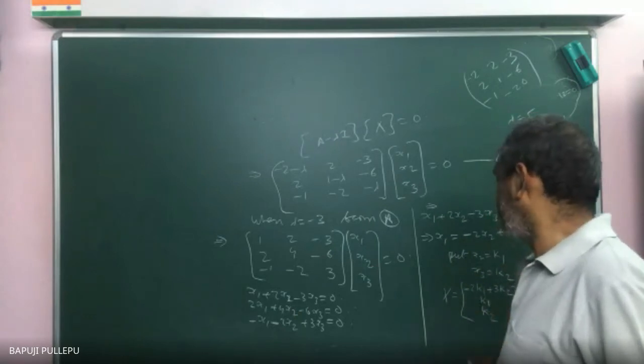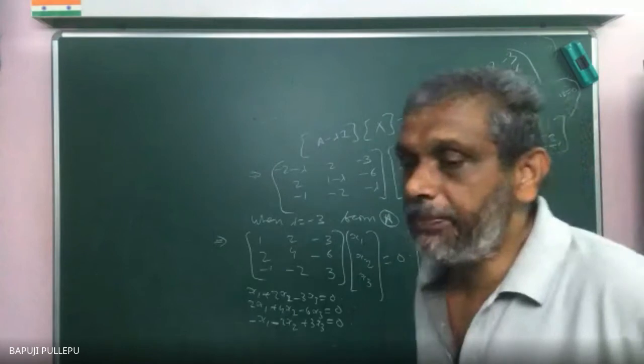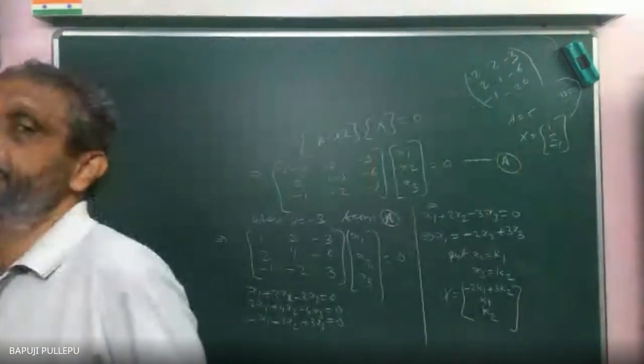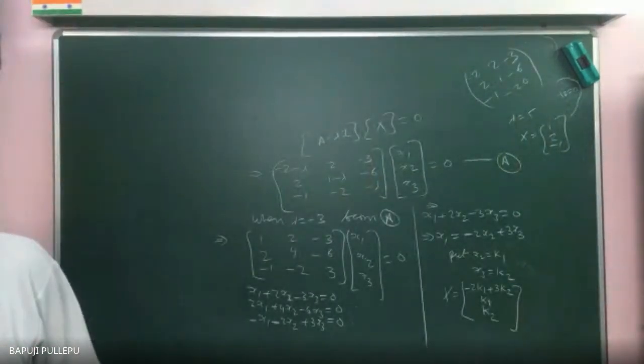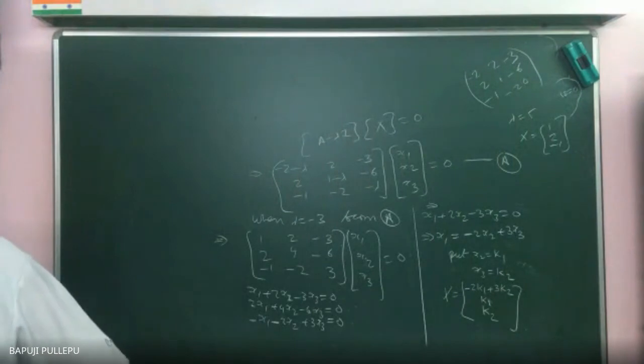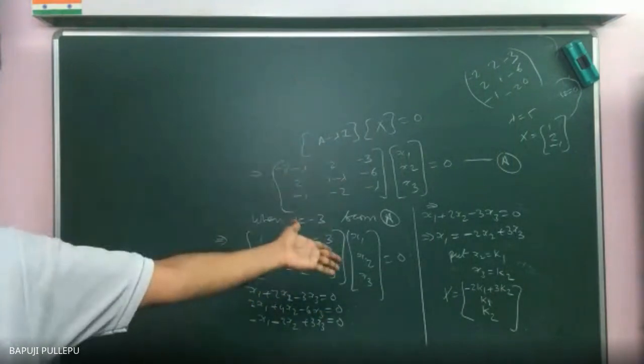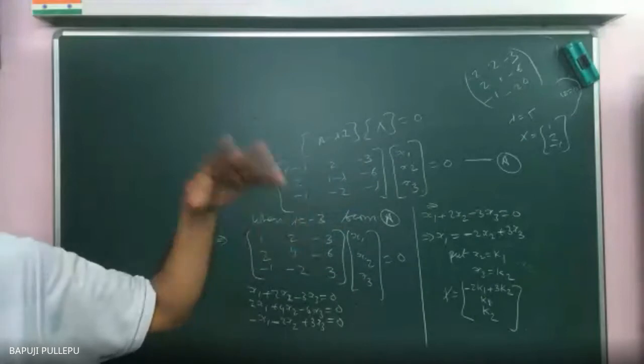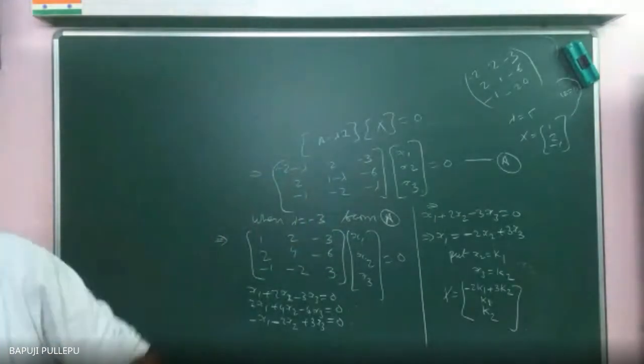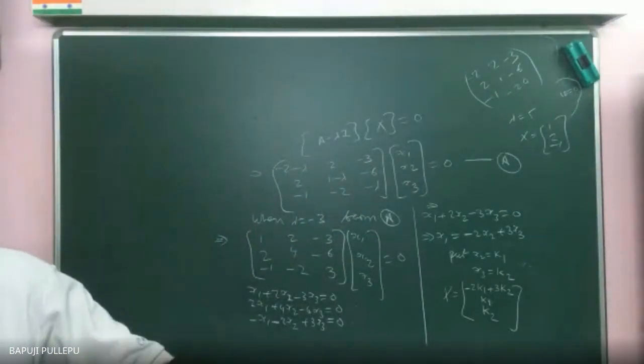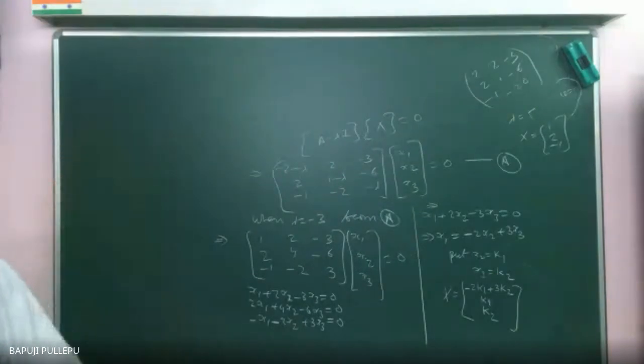This is the eigenvector. To find eigenvectors, I will play with k1, k2. K1 is equal to something, k2 is equal to something, and I will get the x1 value. That is my aim, because here you will have infinite number of solutions. In that, I will choose particular solutions. Got it, sir?